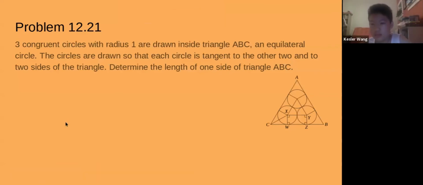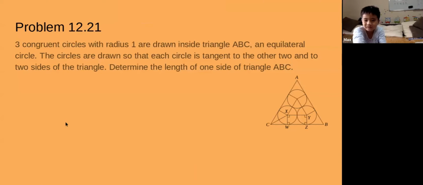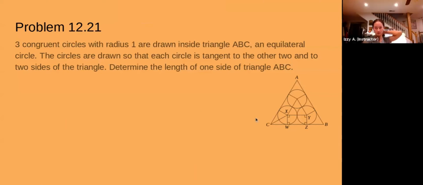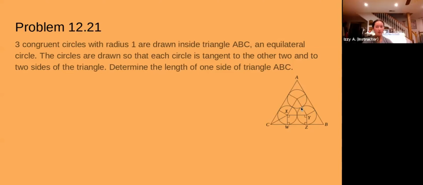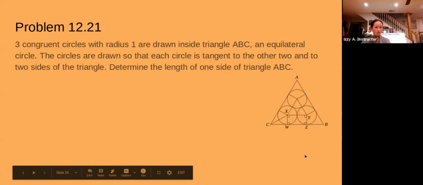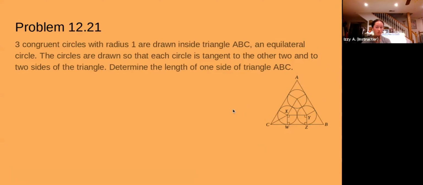There are different parts of it that are dissected so that they're going to go with the explanation, but you can see that there are 3 different circles, and they're tangent to each other, and they're tangent to the 2 sides of the triangle.